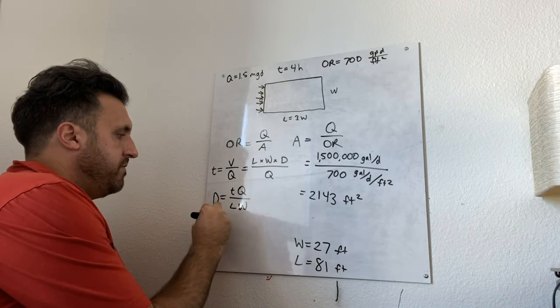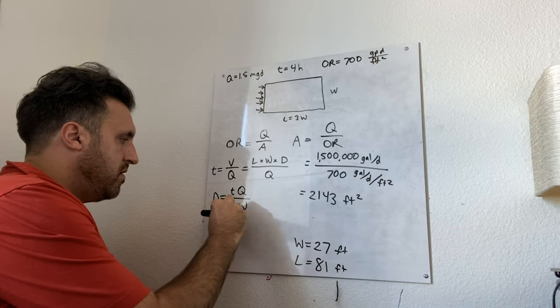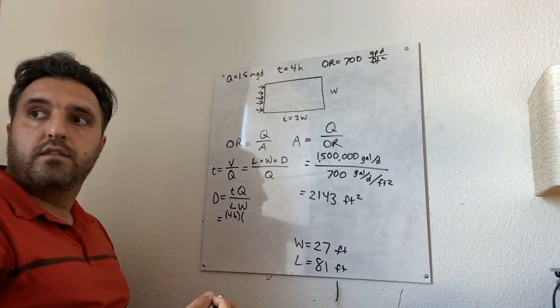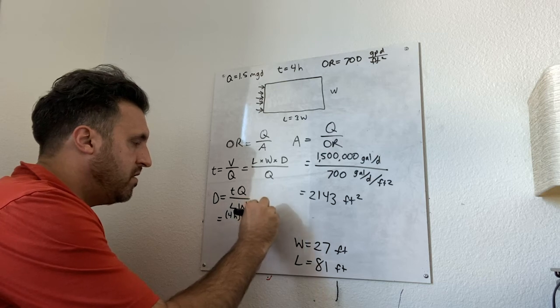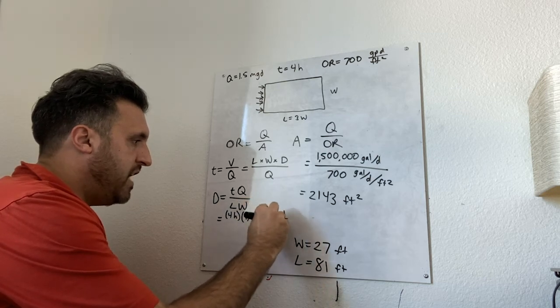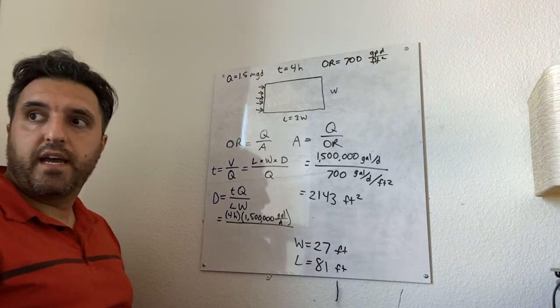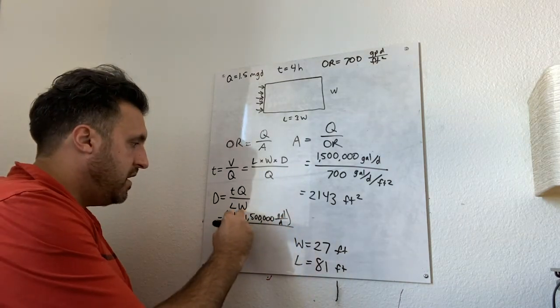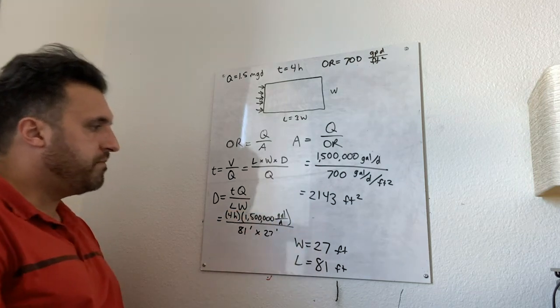So that's going to equal 4 hours times 1.5 million gallons per day divided by 81 feet times 27 feet.